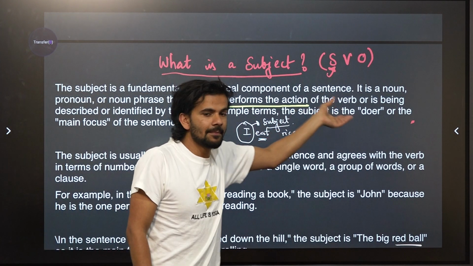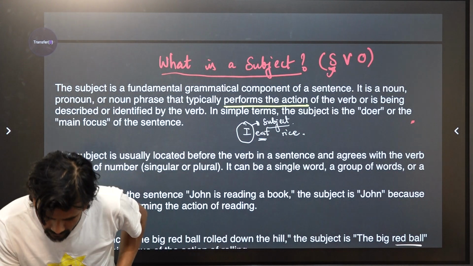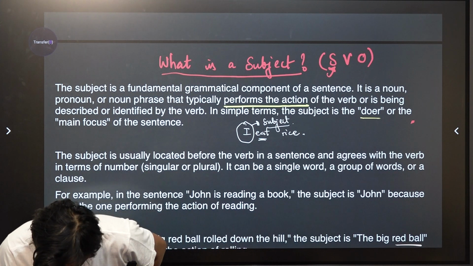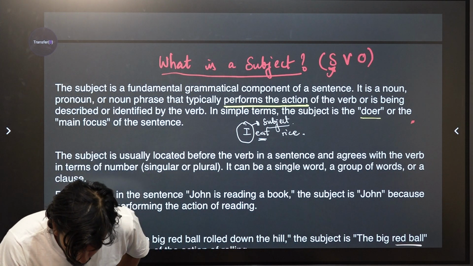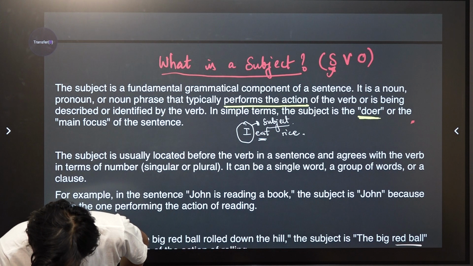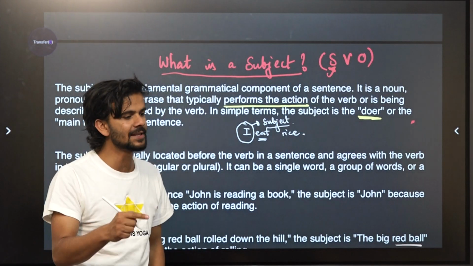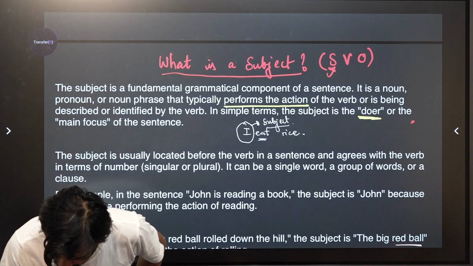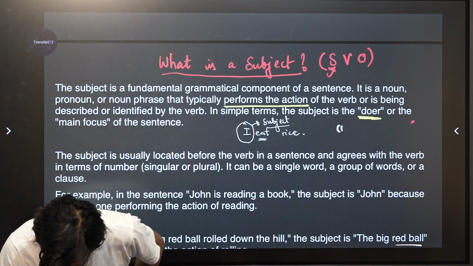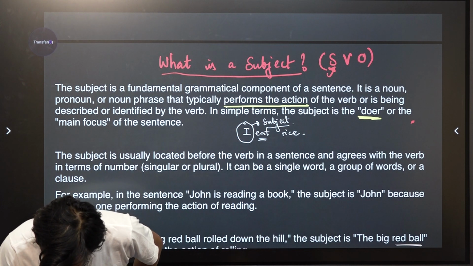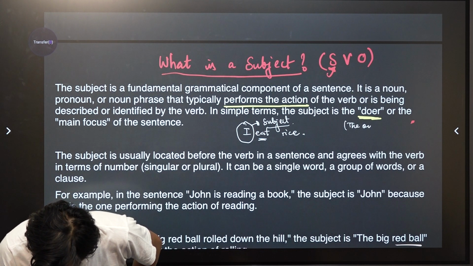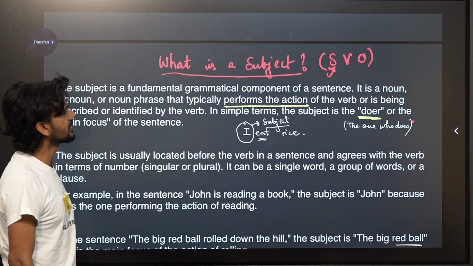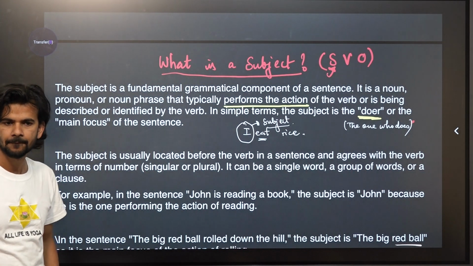So subject can be called the doer. Subject is the doer, the one who does. Does that make sense? Yes. Is it clear? Yes.